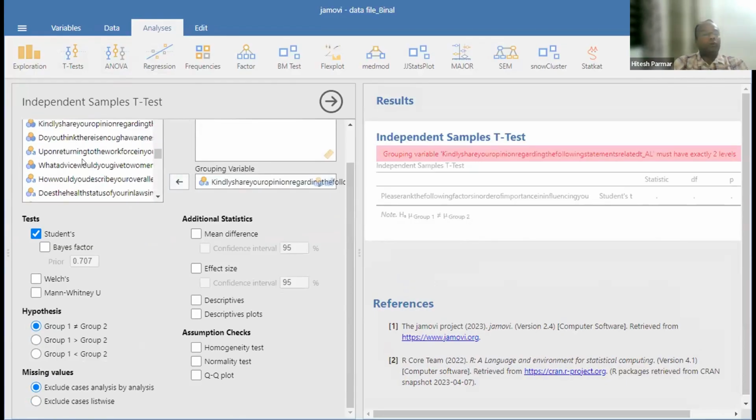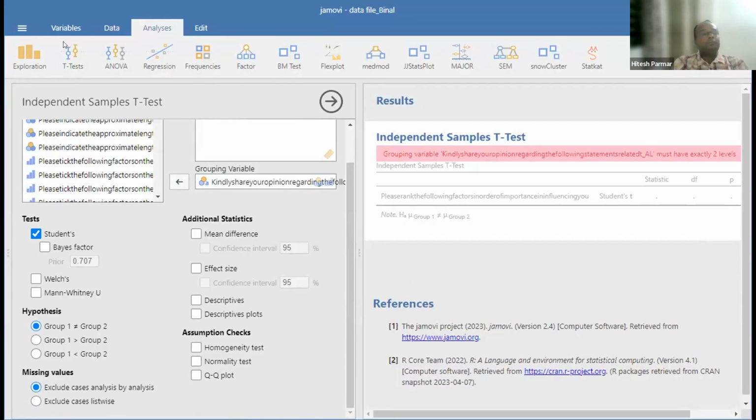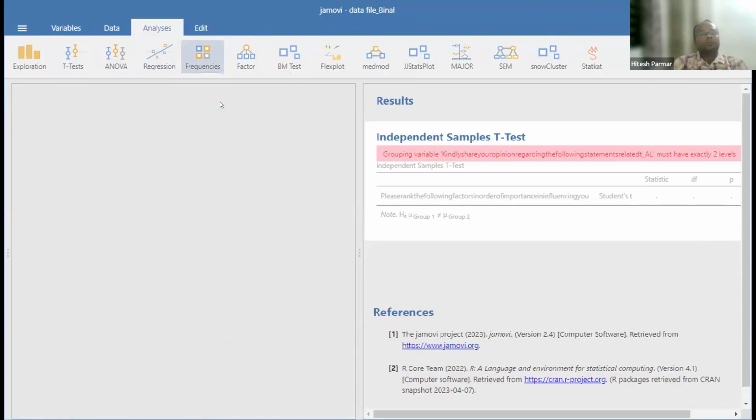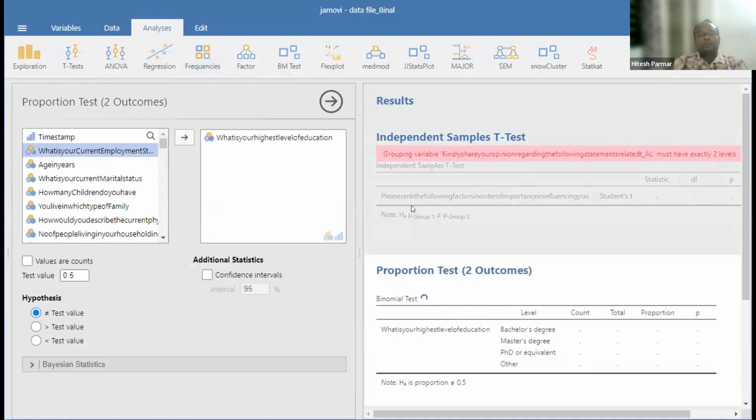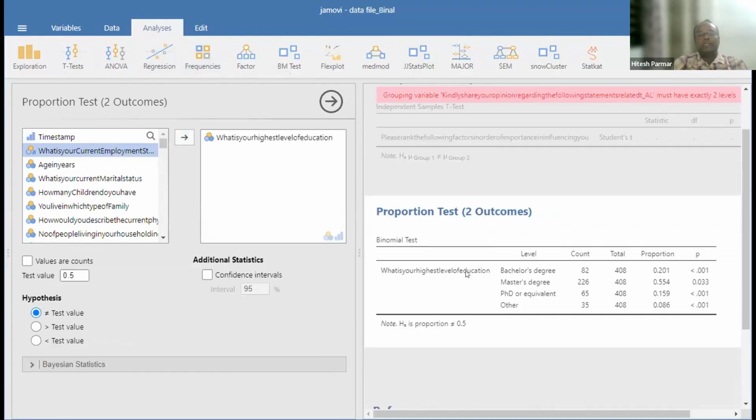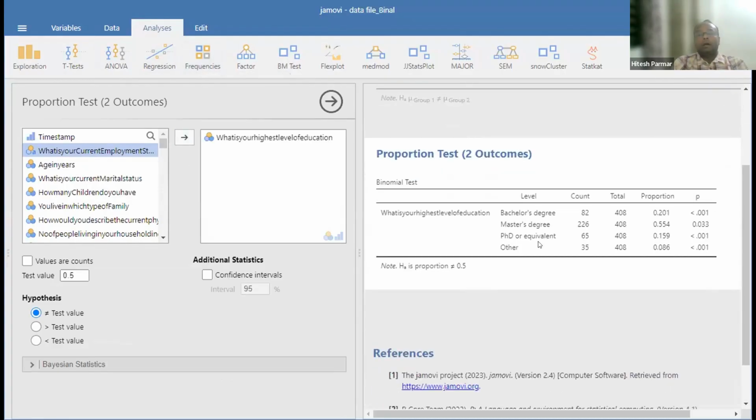Just select this one and then you will get the outcome here. So this is also very powerful and free software, Jamovi. Now because it is 7:53, I am just stopping and I welcome your questions.